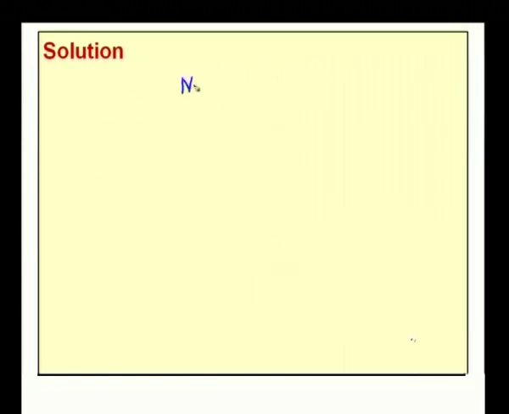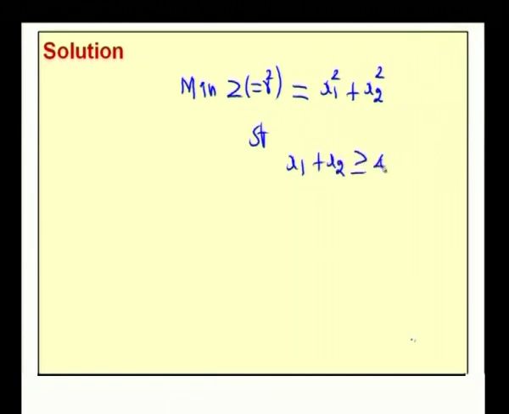Our aim is to minimize z, where z equals r squared, which is x1 squared plus x2 squared, subject to the constraints x1 plus x2 greater than or equal to 4, 2x1 plus x2 greater than or equal to 5, and x1 and x2 both greater than or equal to 0.